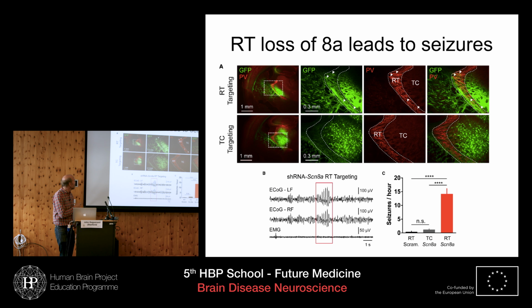They used short hairpin RNAi to interfere with the RNA for 8A when expressed in the thalamus, and they expressed it either here where it overlaps with the reticular nucleus, which you can see in red, or they expressed it more medially, so there was little expression in the reticular nucleus. And only when this gene approach to modify 8A overlapped with the reticular nucleus did they see seizures. So this is sufficient.